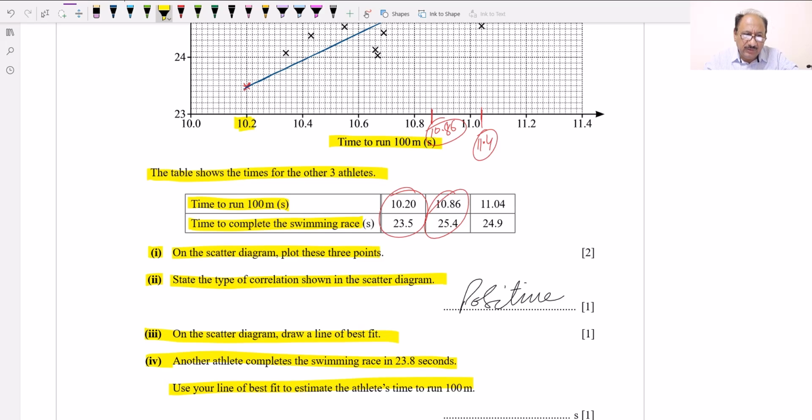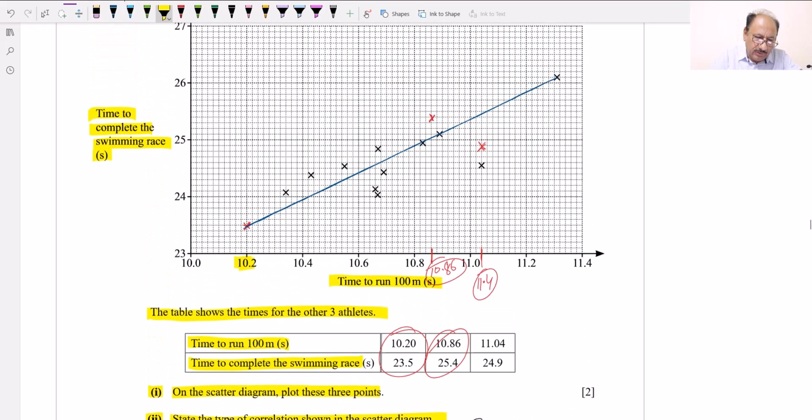So 23.8 we need to check. 23.8 will be this mark, and we will check the reference, and that reference will be over here. If we draw the line, that will be better for your understanding. So I'm drawing the line, this will be the line, and the reference on this side we can check.